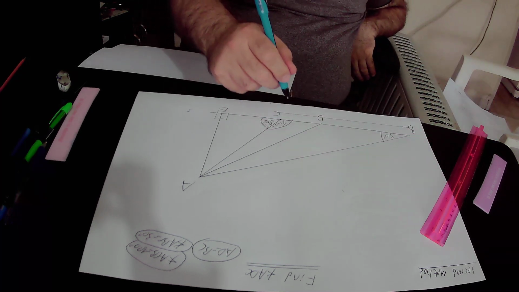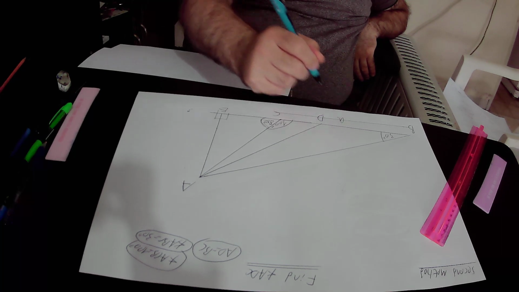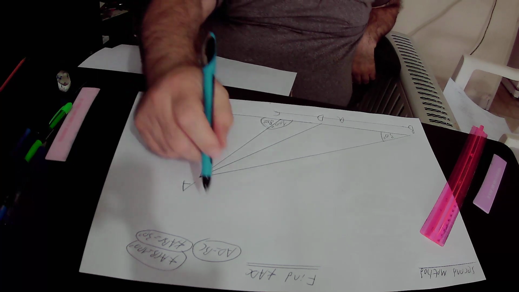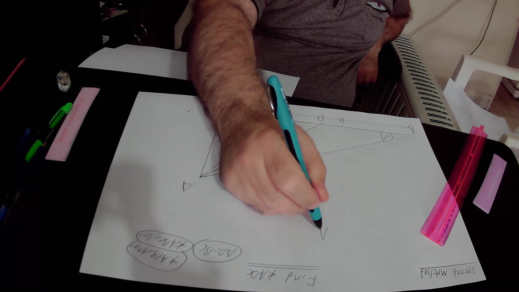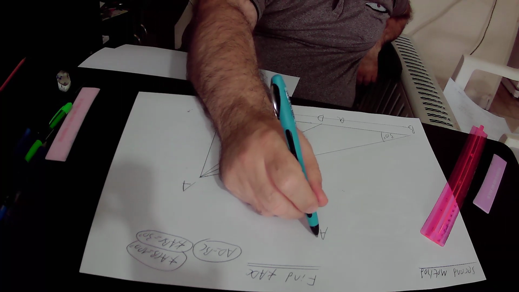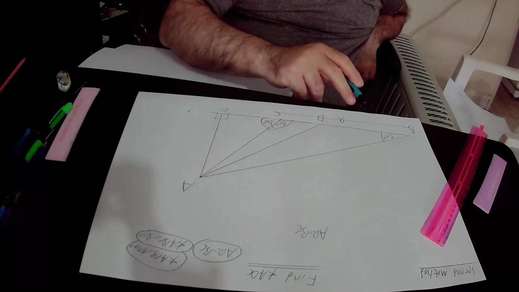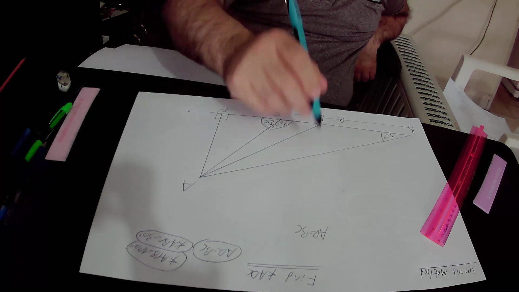It is given in the question that AD equals BC, and according to our definition, BC equals A units.